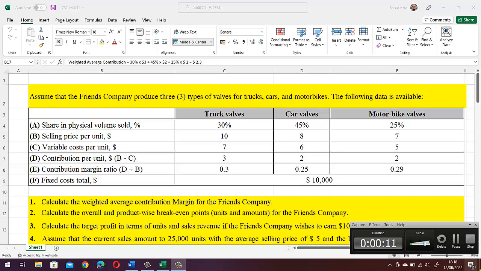Viewers, in this video, I will talk about CVP analysis in a multi-product environment. In my previous video, I have covered discussion on CVP analysis, its importance, limitations, followed by one numerical example where I have covered how we can calculate break-even point, target profit units, and margin of safety, followed by profit and loss calculation using income statement format.